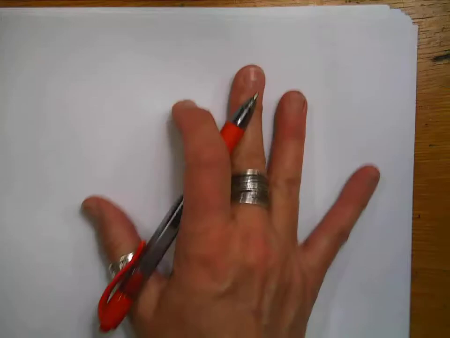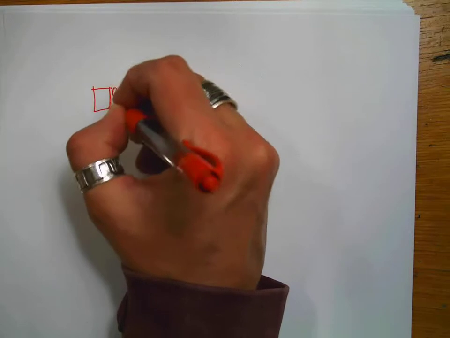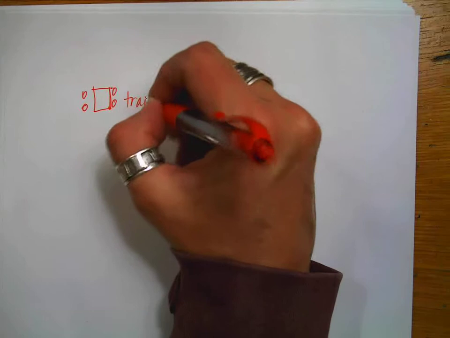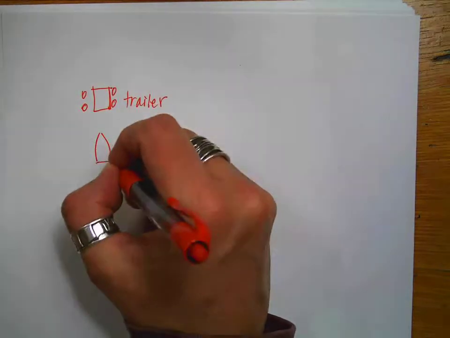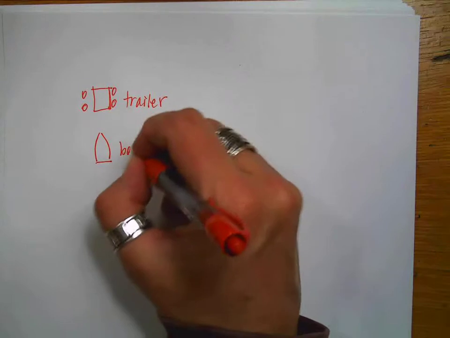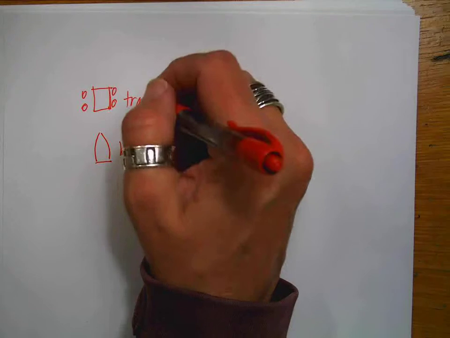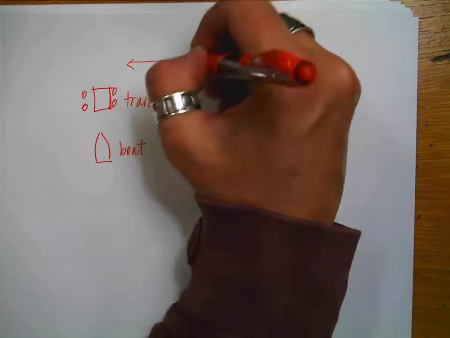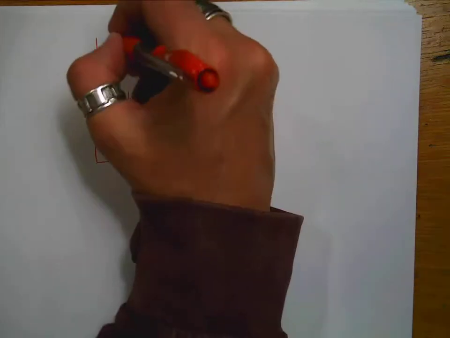Okay. So let's say I'm driving my boat, and I'm trying to put my boat back on a trailer. So here's my trailer, my lovely artwork. So this is going to be my boat trailer. My boat is going to be out in the water. Okay, so this is my boat. And then not only do I have a boat and a trailer, if we live in Flagstaff, we have wind, because wind is a persistent issue.